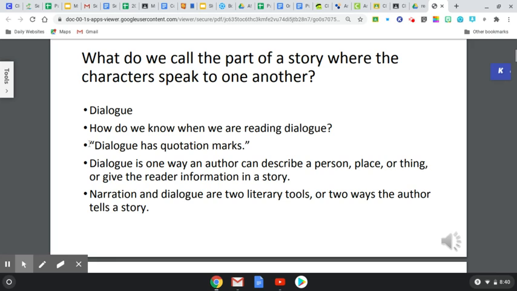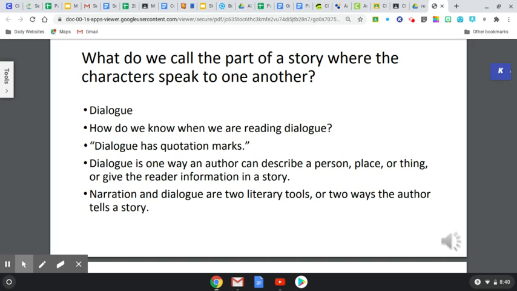So as you can see in this example right here, dialogue has quotation marks around it. So we know that it's the characters that are talking. Dialogue is one way an author can describe a person, place, or thing, or give the reader information in a story. So we've learned a lot already about the riverbank and our characters from what Rat and Mole have said to each other.